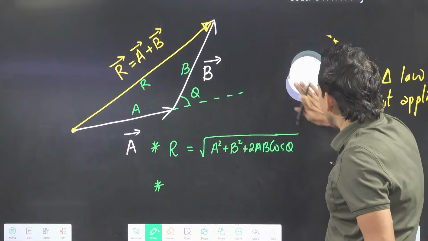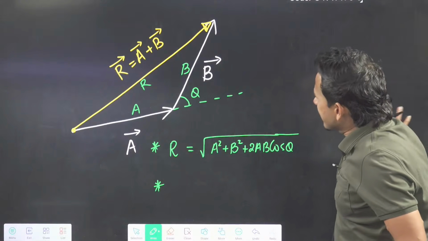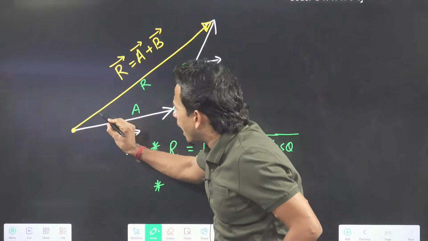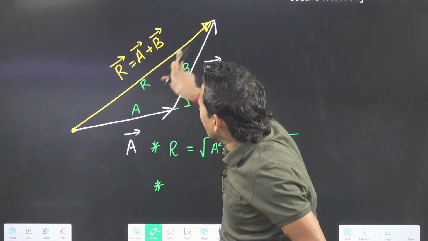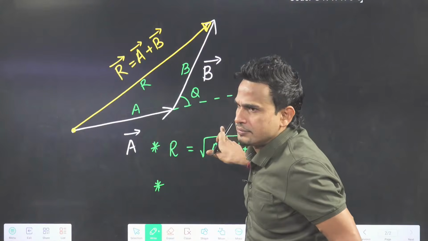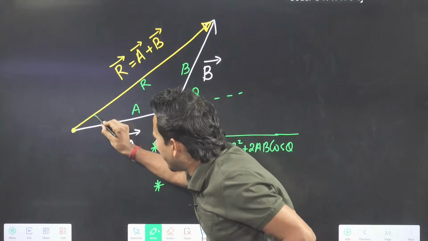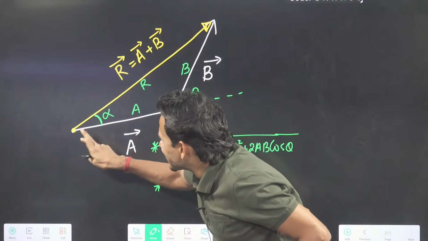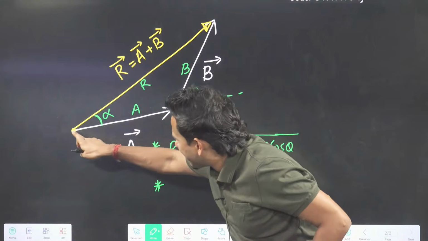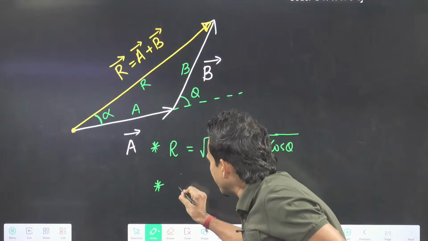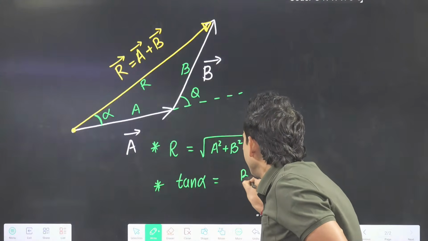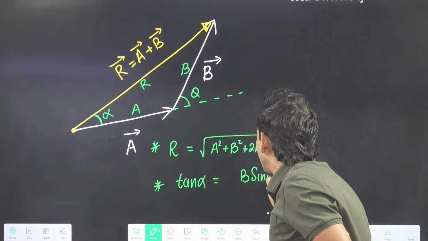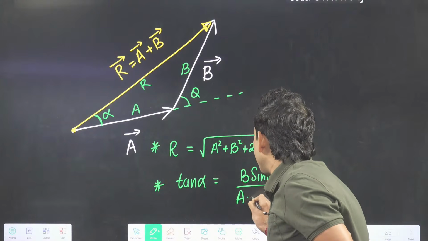Questions definitely we will do, no problem. Sometimes a question is also asked to find how much angle the resultant will make with A bar. Sometimes they ask this angle alpha. You can write tan alpha, that will become B sin theta by A plus B cos theta.